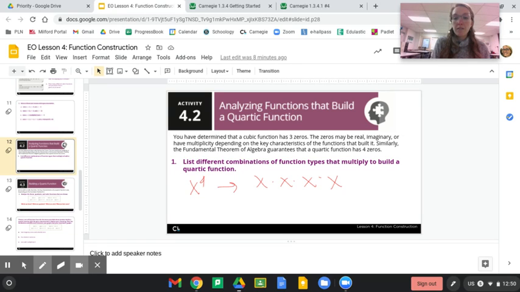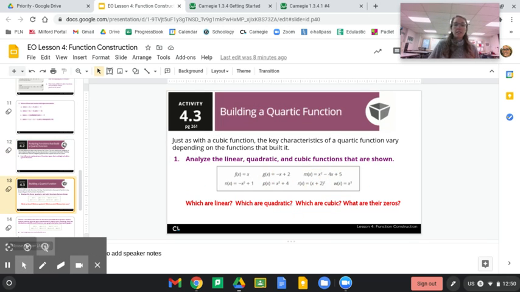We could combine those and have 2 linears and a quadratic. What if we combined those? We could have a quadratic and a quadratic. Or we could combine 3 at once, a linear and a cubic.